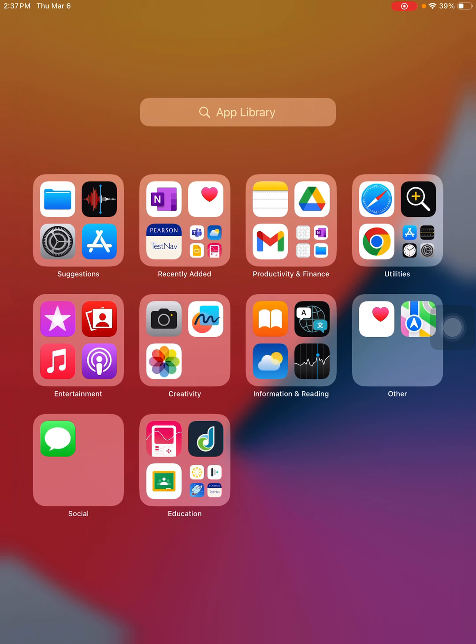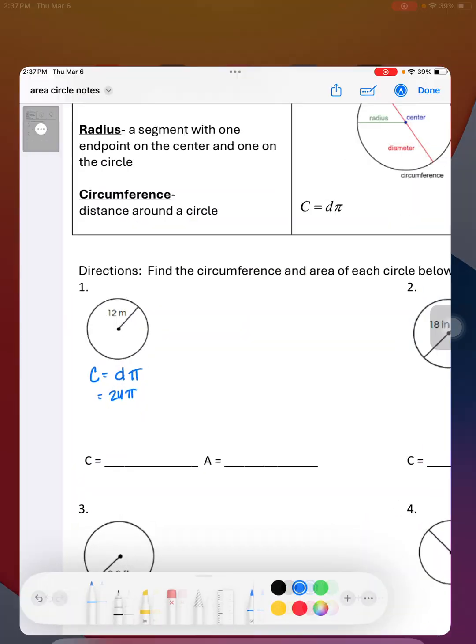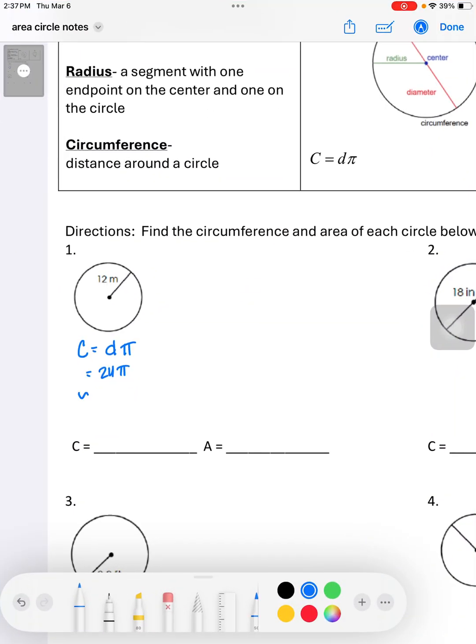So I'm going to grab my graphing calculator and type in 24 pi. And you need your pi button, and we get 75.4. So approximately 75.4, and our label would be meters.